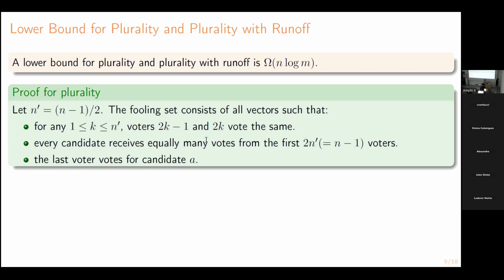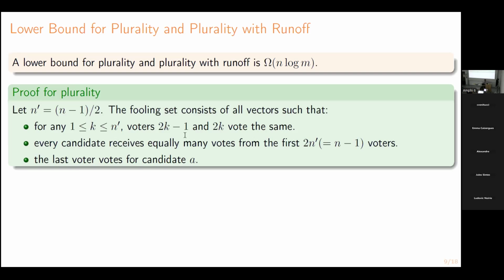For example, we can think of one vector where they vote A and a second where they vote a candidate B. The new vector consists in taking every vote from the first vector, except for this index K, where you take the vote of the second vector.